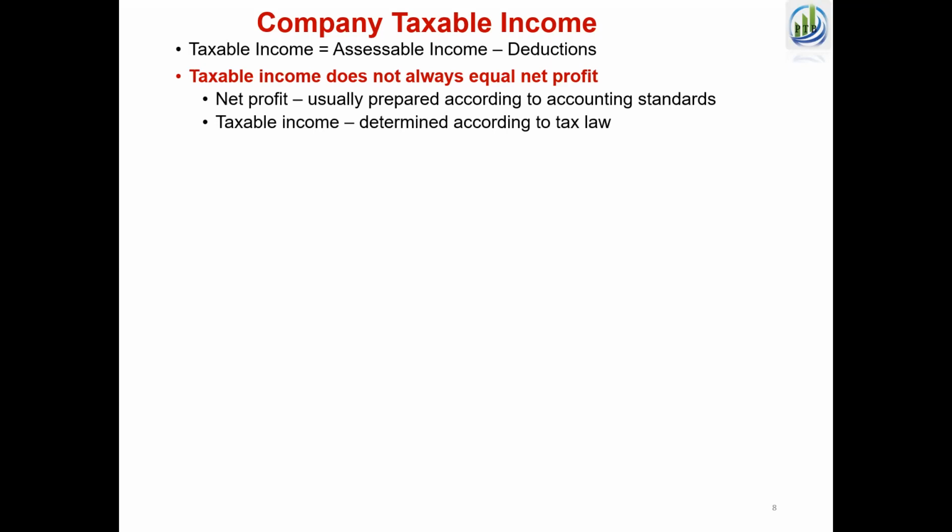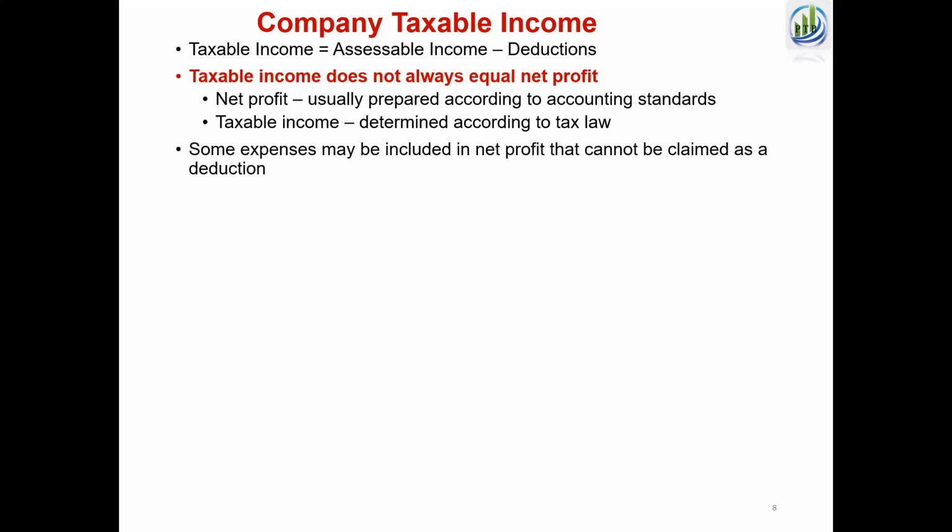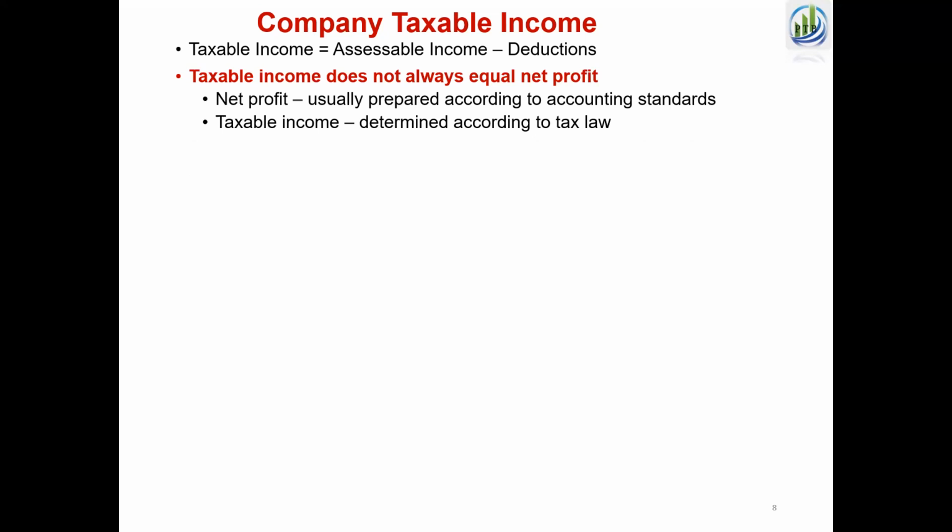That's simple. However, if you input all the net profit into your tax return, you want to make whatever adjustments are required to make it taxable income. For example, you get the cash flow boost, $50,000 for your client. That will be your assessable income and increase your net profit by 50,000.